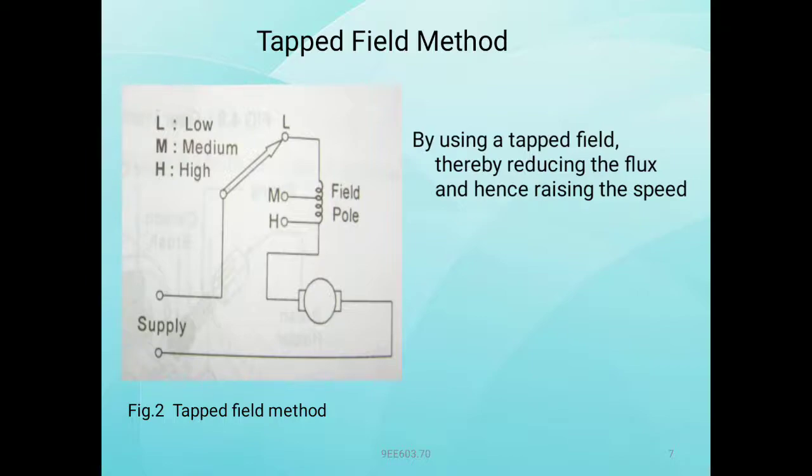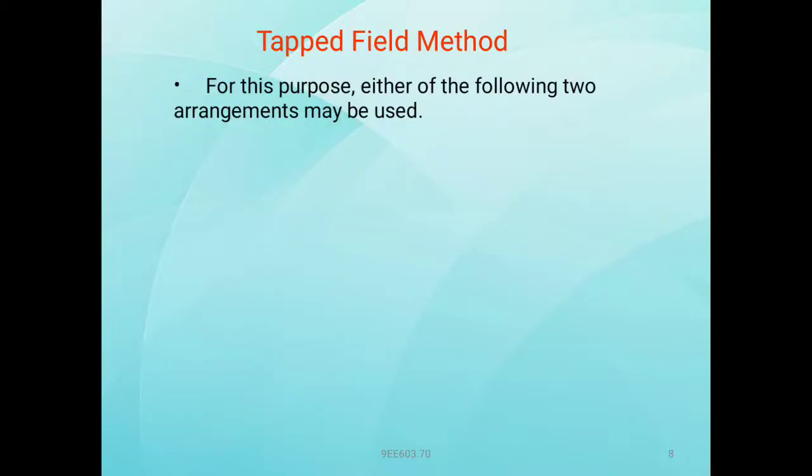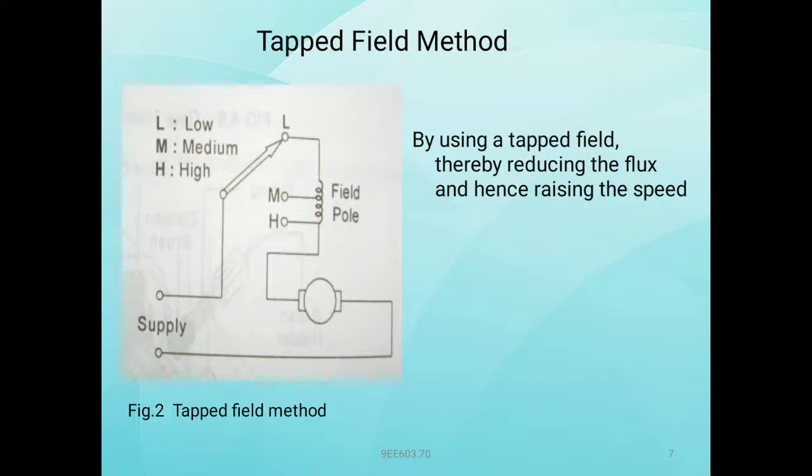So this is the tapped field method. By using a tapped field, thereby reducing the flux, and hence raising the speed.